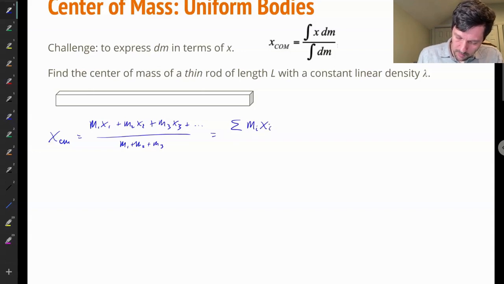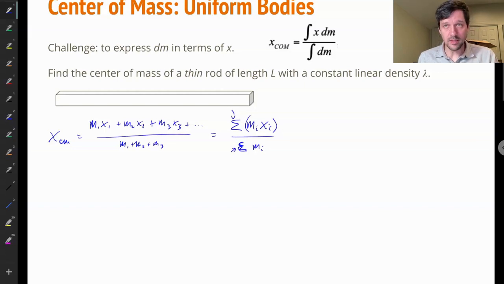So the sum of each of those individual masses times their position, divided by the sum of all of the little masses. And when we see sums, we should get our spidey senses tingling and start thinking calculus.